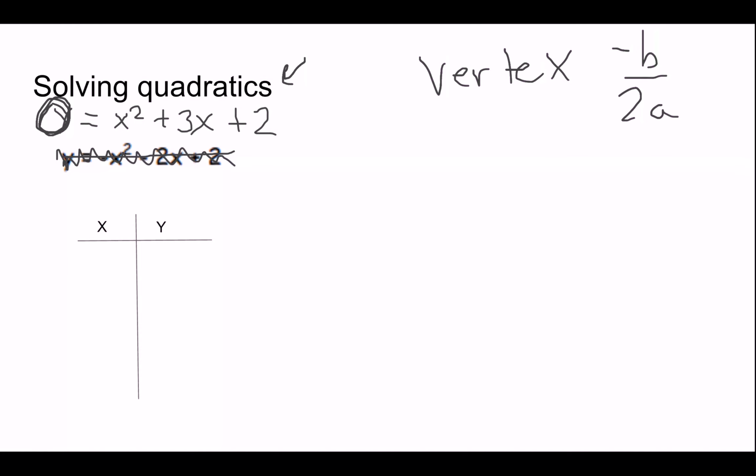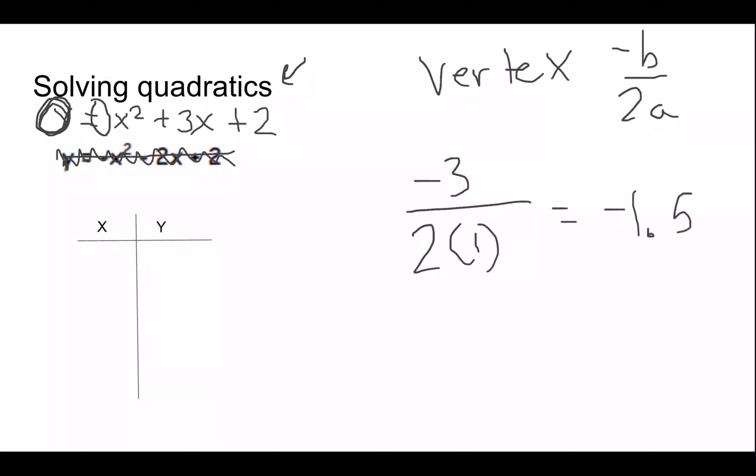In this case, my negative b would be negative 3, and my 2a would be 2 times 1, because a is equal to 1 if it doesn't have a number out here, which gives me negative 1.5. Then I'm going to pick 1 point a little bit below this, so negative 2, and 1 point a little bit above, so negative 1.